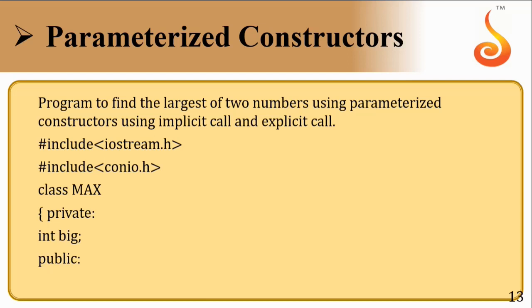Class Max. In the private section of the class, I have int big. Big is a data member of type integer declared in the private section of the class. So only the class members, that is member functions of the class, can access it. It is not accessible outside the class.